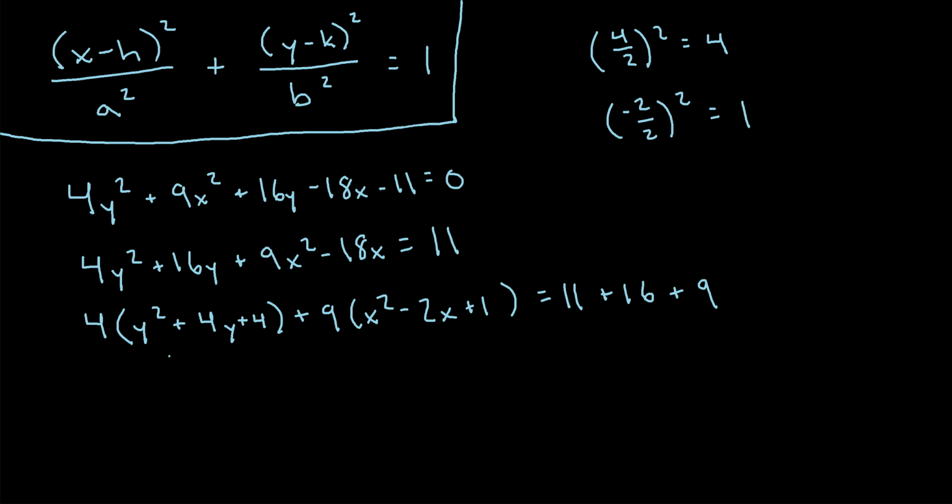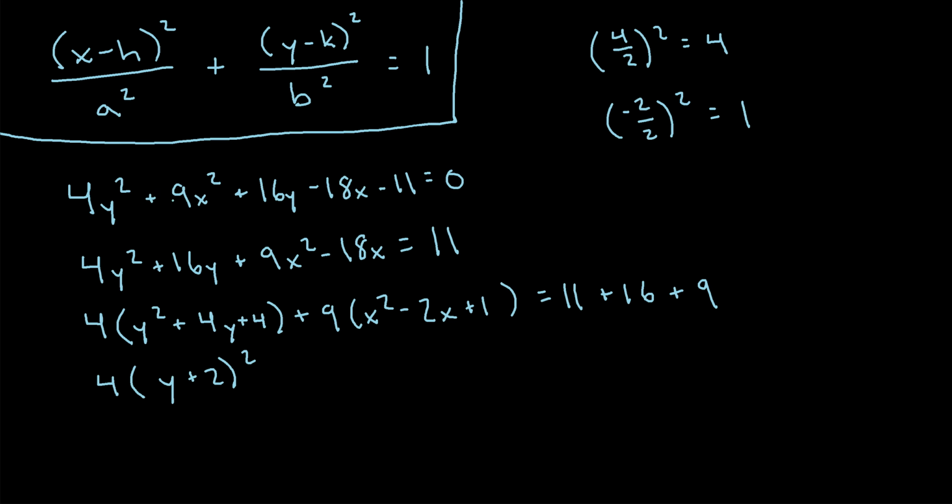So the benefit of completing the square is that we can now rewrite both of these components in the parentheses as something squared. So we'll get 4 times, it will be y plus half of this value. So half of 4 is 2 squared. So this whole expression, y squared plus 4y plus 4, is equivalent to y plus 2 squared.